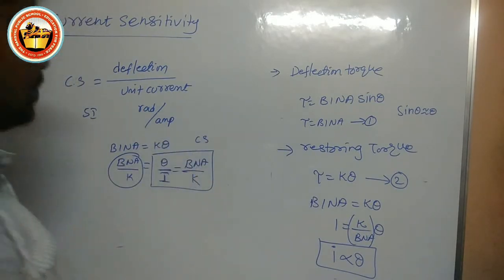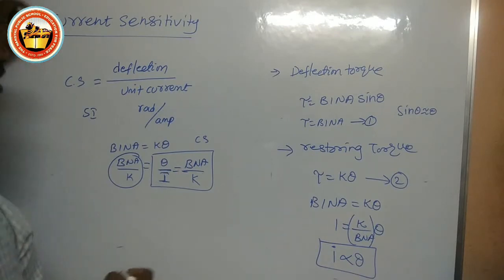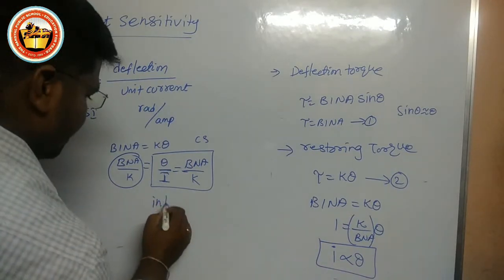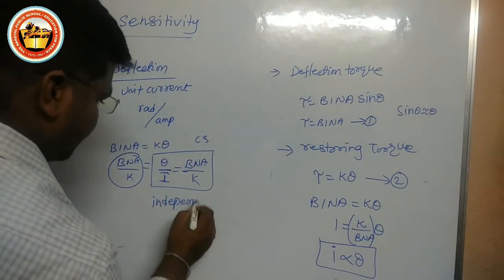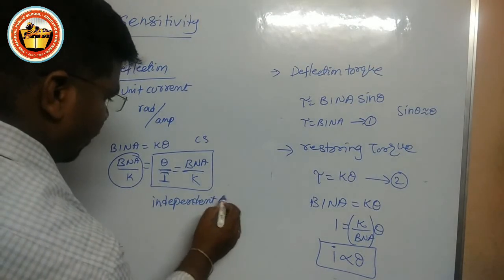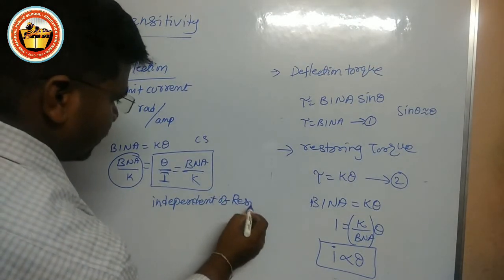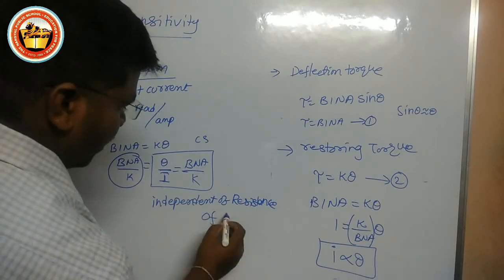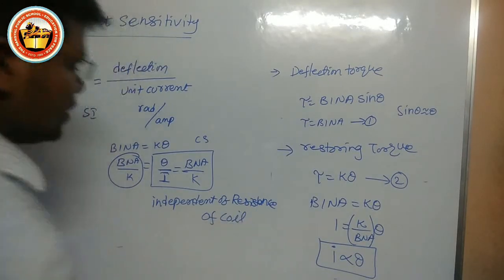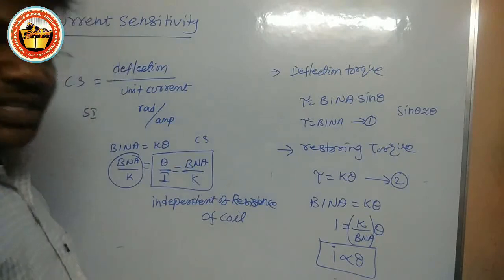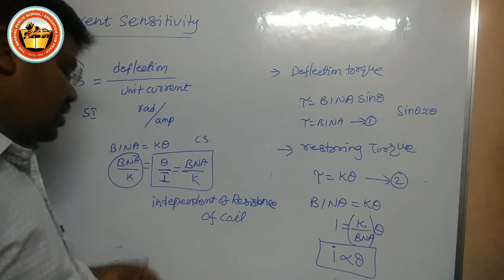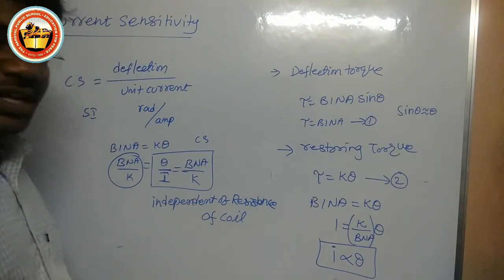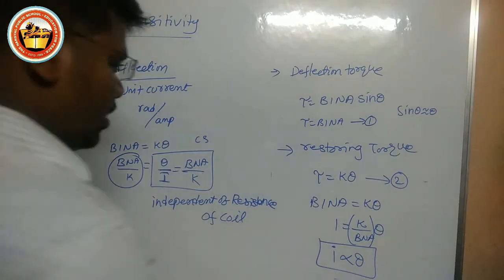It is independent of the resistance of the coil. The coil has some resistance, but the current sensitivity does not depend on the resistance of the coil.